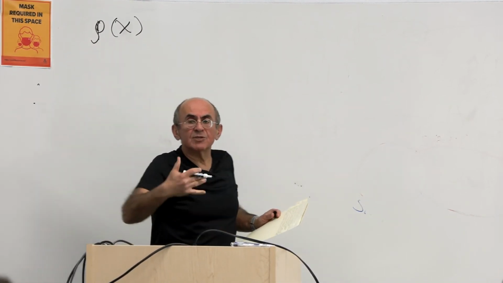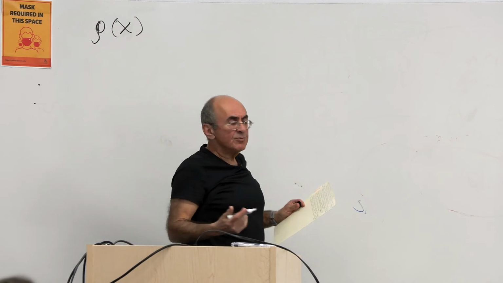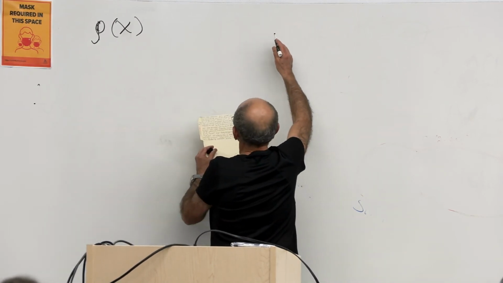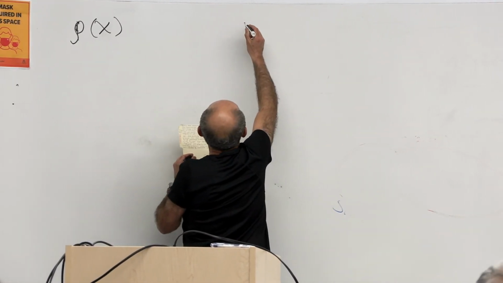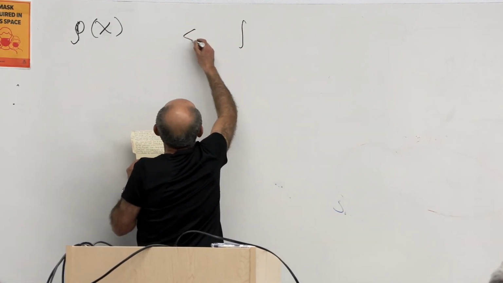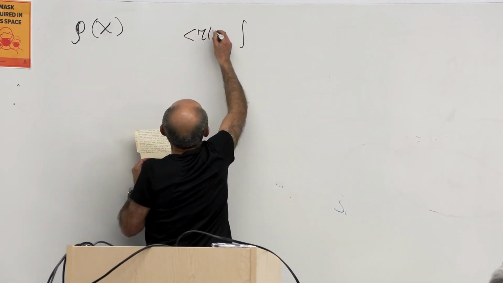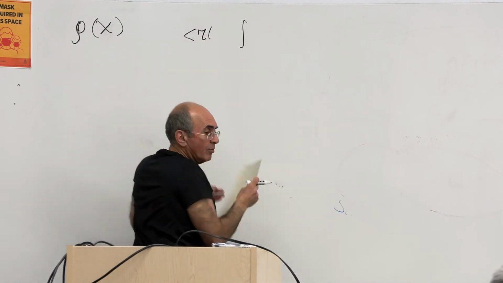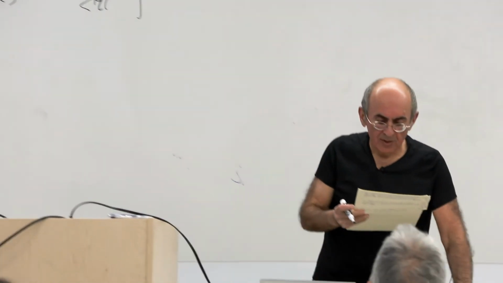What I do know is that I do some measurements. And when I do measurements, I obtain some quantities which are averages. So I take some function of x, I'll call it R capital.